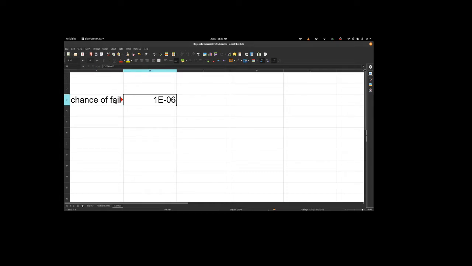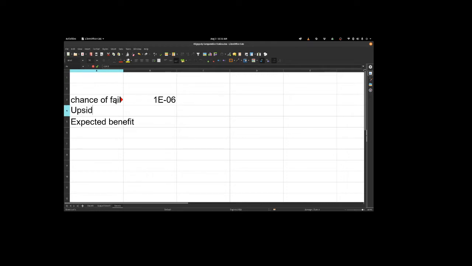So that's the probability that he fails. So now we can think about our expected benefit.